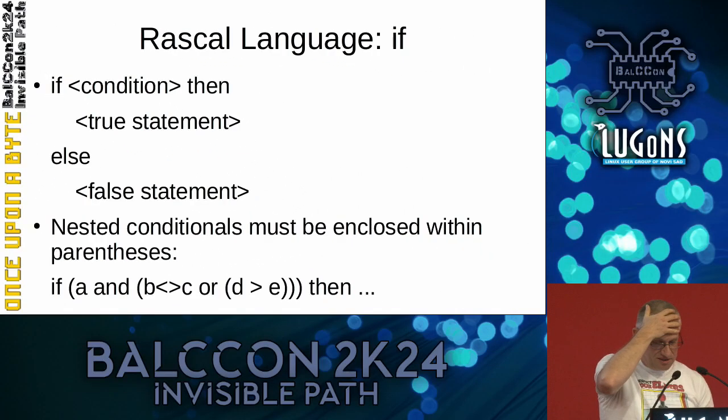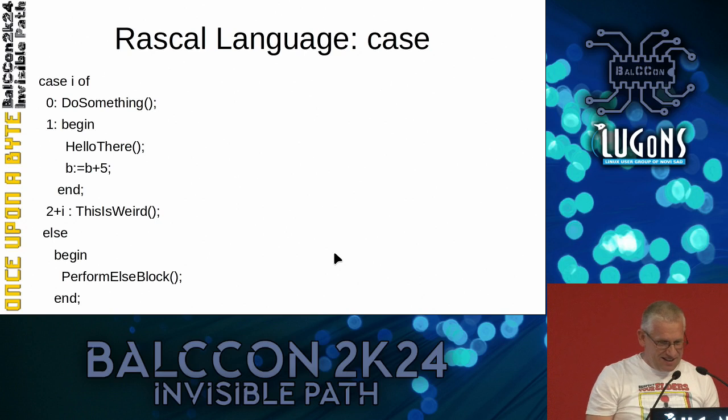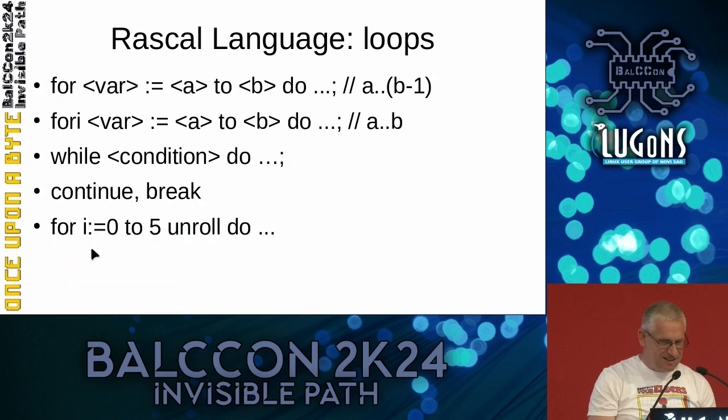Regarding constructs, we have if-else, nested conditionals, but you need to use braces around everything, because the compiler does not handle those if you do not have them, so it's not a big deal. We have a case or C switch that has some interesting features, and else.